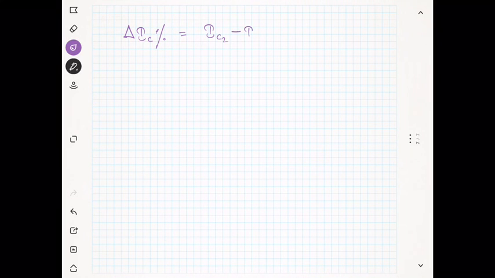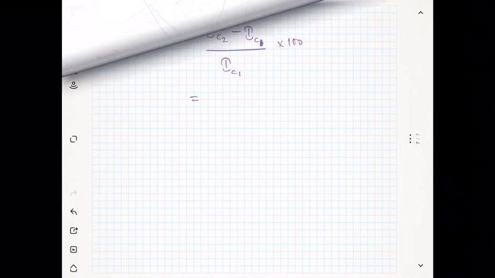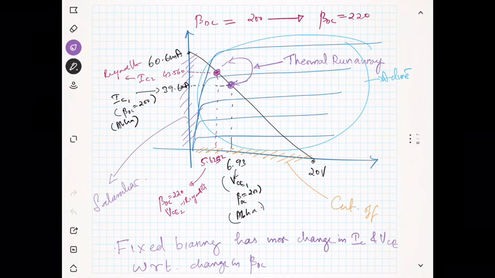To calculate the percentage change for IC, you take the new value minus the old value, IC1, divided by IC1, times 100. You know IC2 is 43.56.